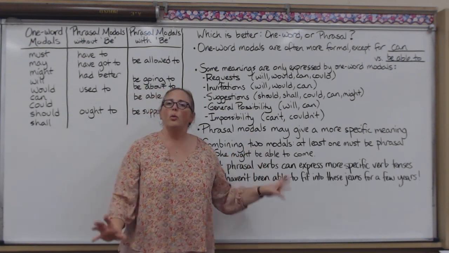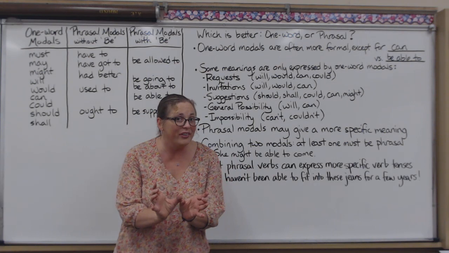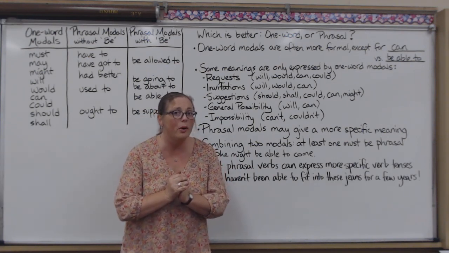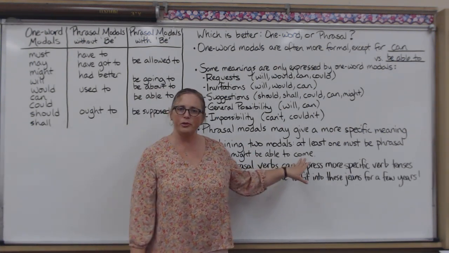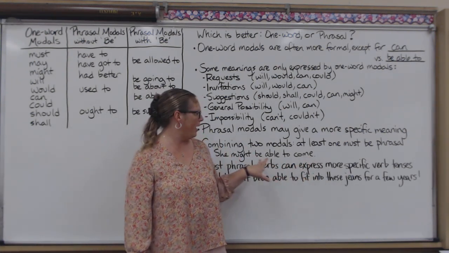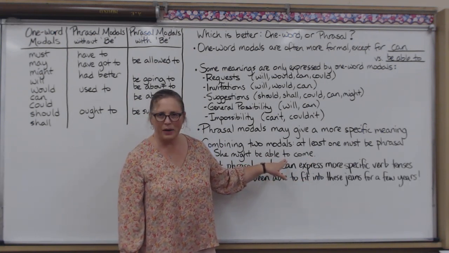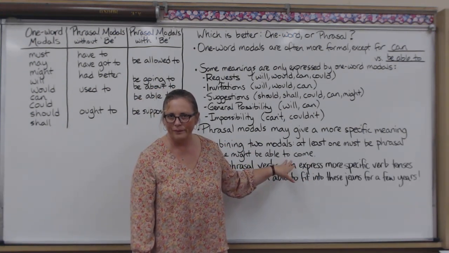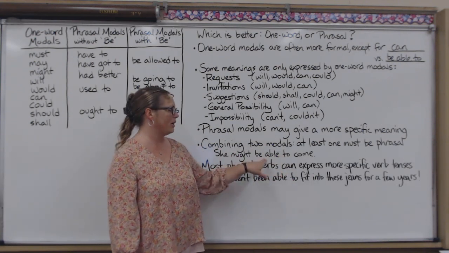Also, if you want to combine two modals together, at least one of them needs to be a phrasal modal. For example, she might be able to come. We have a phrasal modal, be able to. It is not possible to say she might can come. You need to have a phrasal modal if you're going to combine.